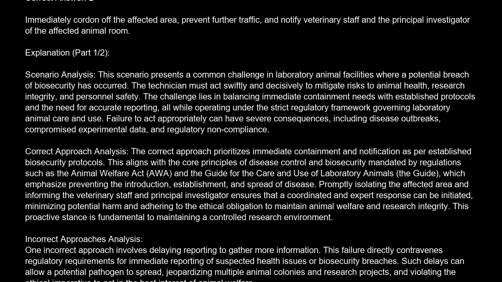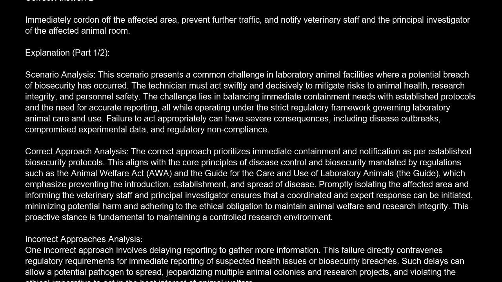Promptly isolating the affected area and informing the veterinary staff and principal investigator ensures that a coordinated and expert response can be initiated, minimizing potential harm and adhering to the ethical obligation to maintain animal welfare and research integrity. This proactive stance is fundamental to maintaining a controlled research environment.